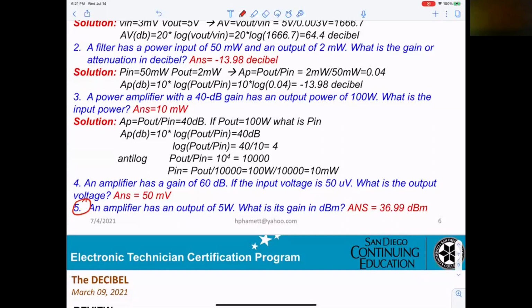You get 36.99 dBm. That is the answer. If you did not get it, let us know and try to figure out why. Otherwise, I suppose you get it done.